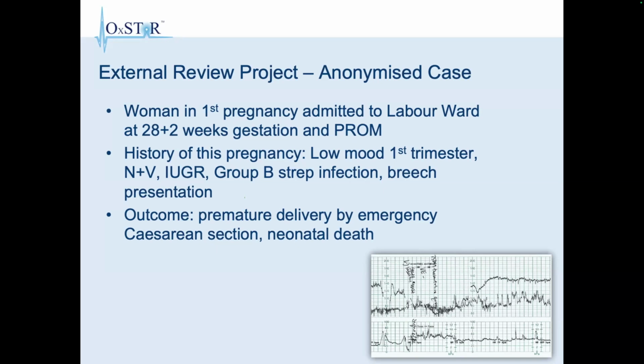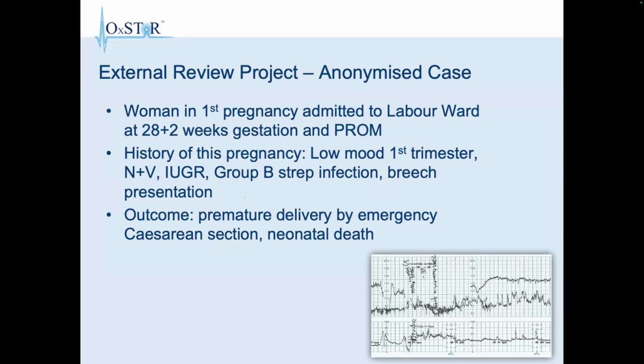She'd had very low mood in the first trimester, so she'd been quite depressed, severe nausea and vomiting, intrauterine growth retardation, IUGR, a group B strep infection was known, and she was presenting in breech. So lots going on in this pregnancy. And the outcome was a very sad premature delivery by emergency section and a neonatal death.